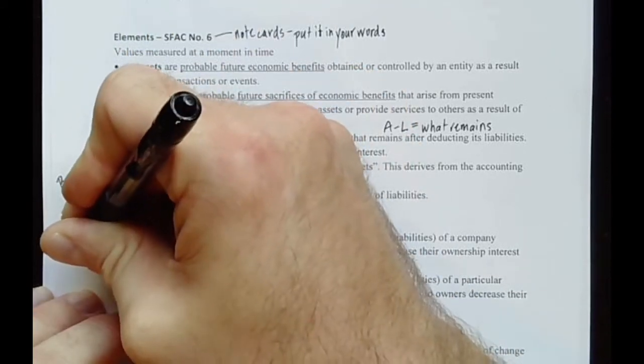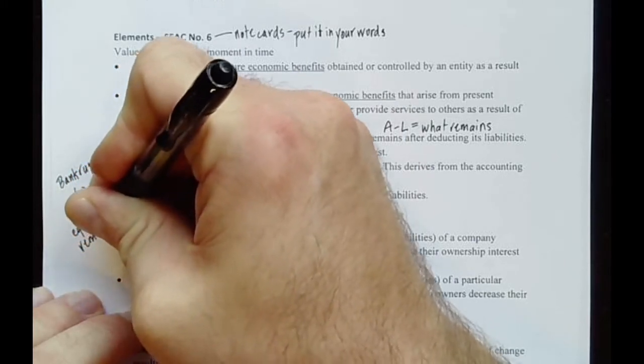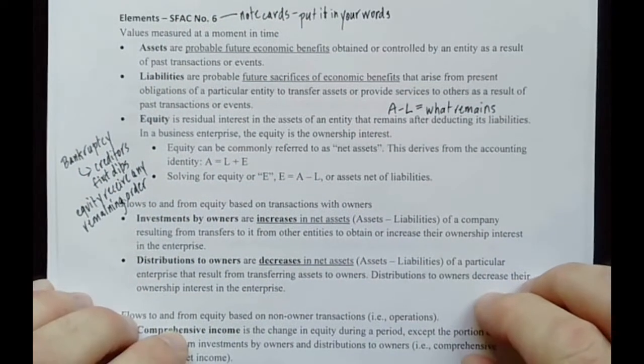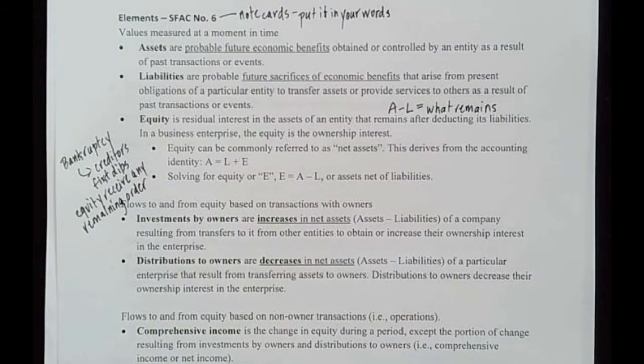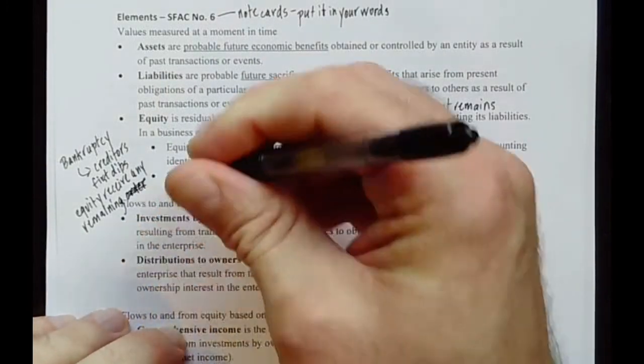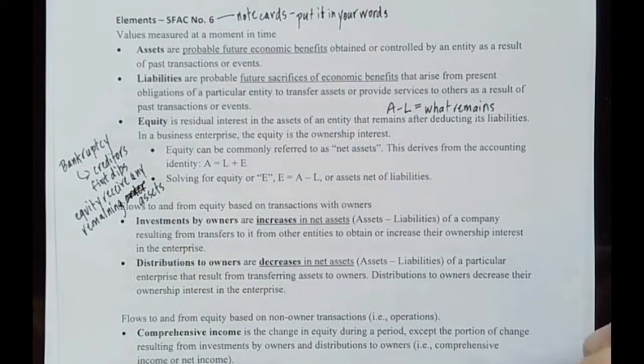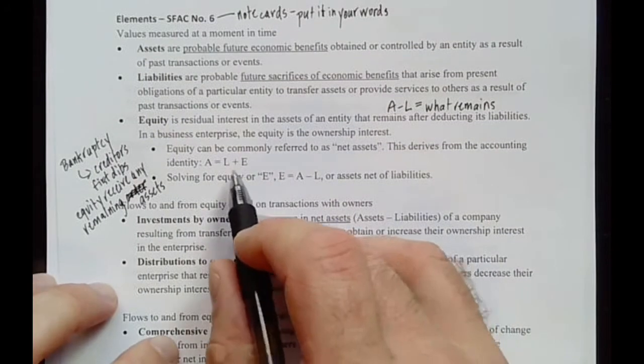But there's a pecking order amongst these two parties, in that the creditors, the people that allowed the company to borrow money, get their share of money first. And then only if there is something left over will that be divided up proportionately amongst the folks that own common stock in the company. Equity can be commonly referred to as net assets, and that's derived from the accounting equation.